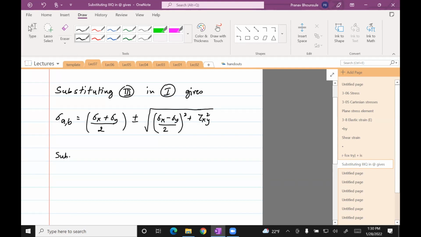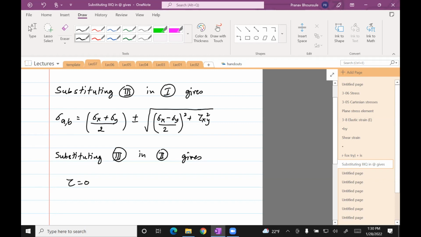Then we can substitute 3, the expression for tan 2 theta, into the expression for tau, which gives tau equals 0.